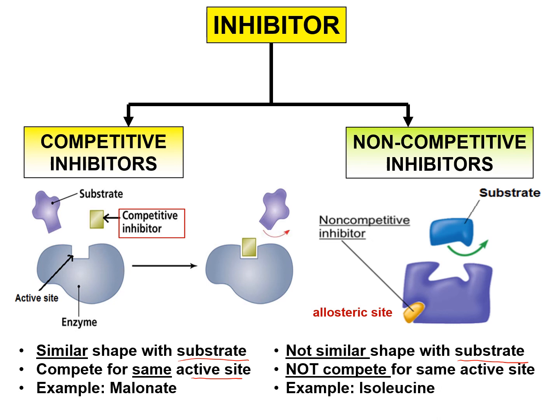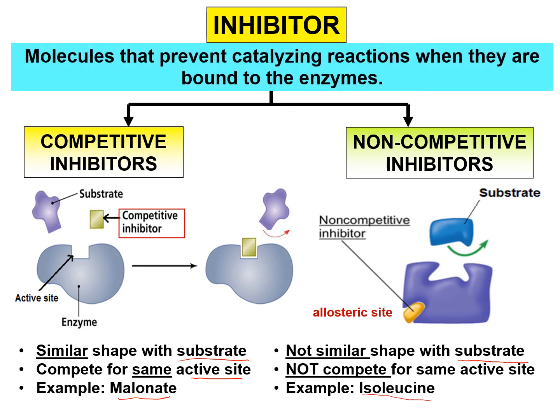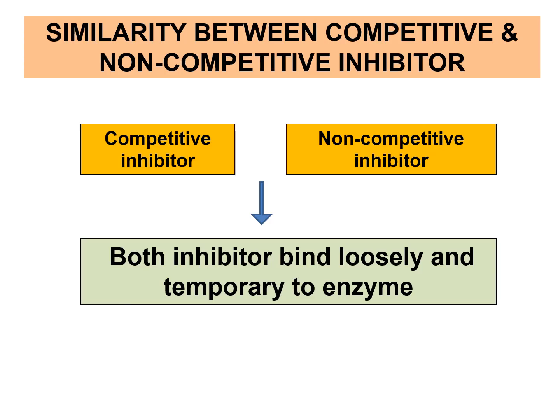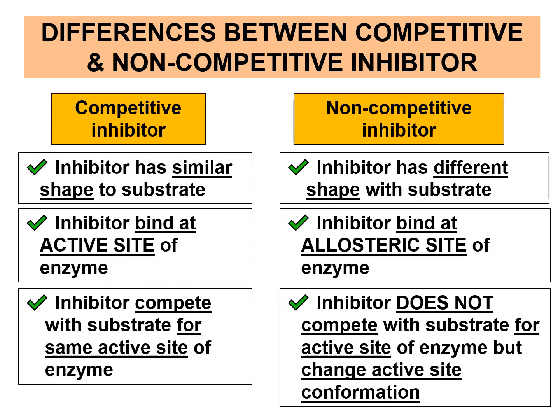The example for competitive inhibitors is malonate, while for non-competitive inhibitors it is isoleucine. The similarity between competitive and non-competitive inhibitors is that both bind loosely and temporarily to the enzyme. These are the differences.